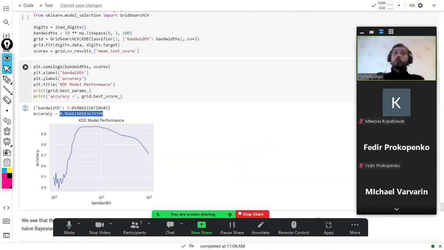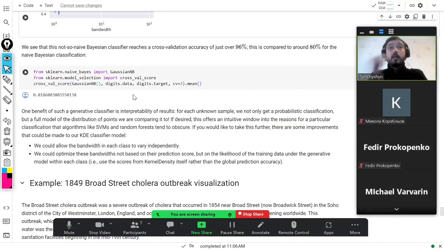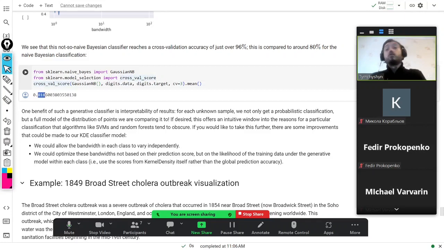I have handwritten digits in MNIST, I'm trying to classify them, and I can get an accuracy of almost 97%. If I use naive Bayes, here is just Gaussian naive Bayes on the same data set, same digits, I can get a cross-validation score of almost 82%. So you see that compared to naive Bayes, we were able to get something much better.